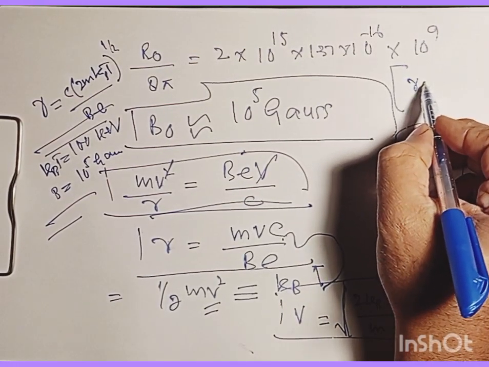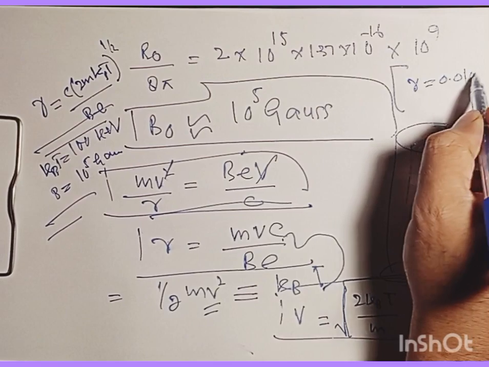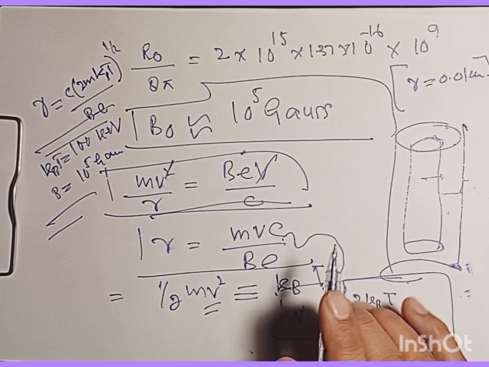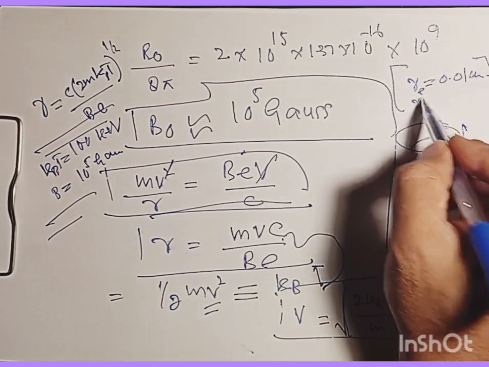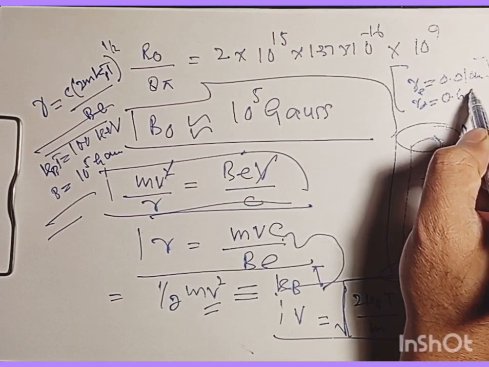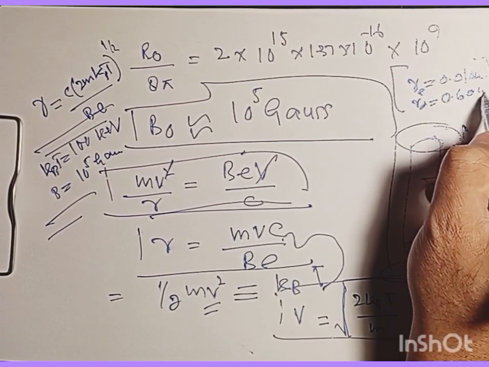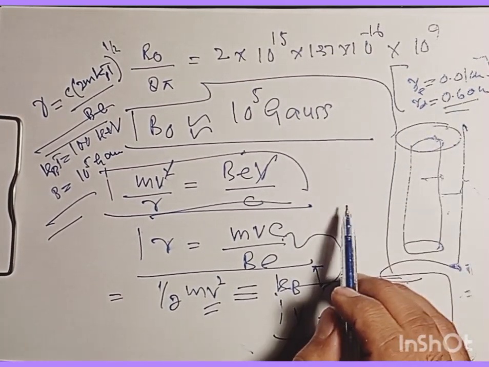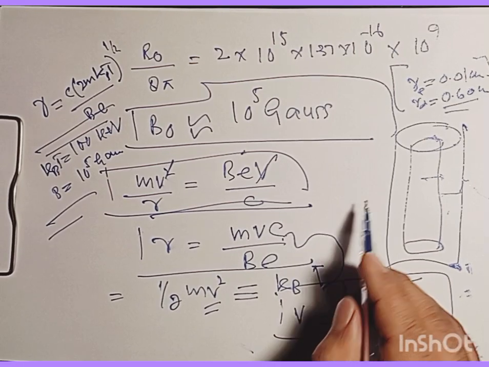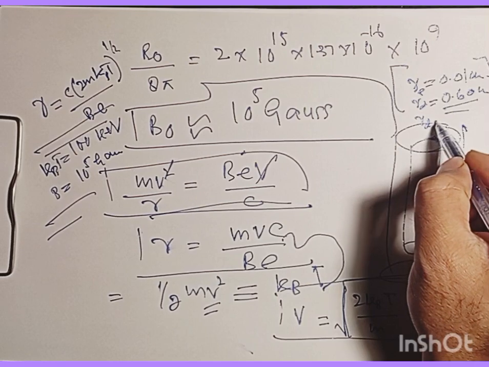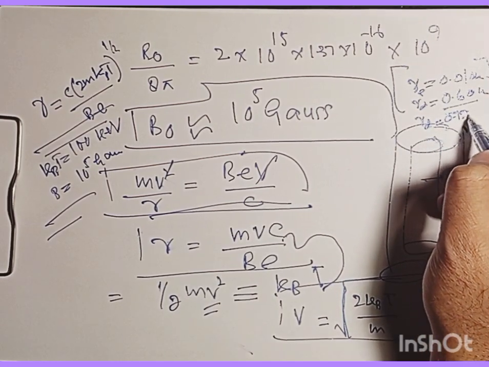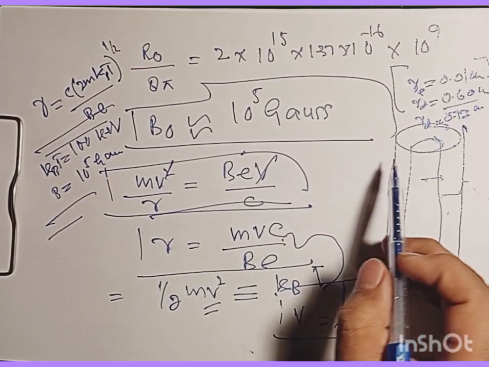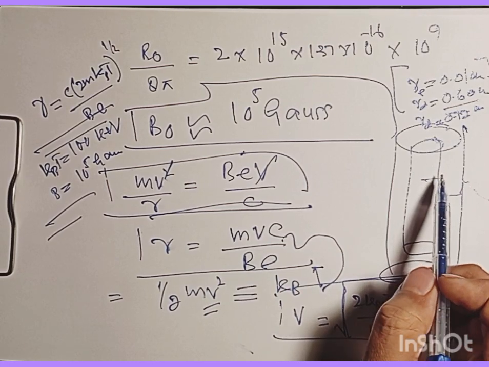The radius of gyration comes out to be 0.01 centimeter for the electron, and for the deuteron, R will come up to be 0.60 centimeters, and this radius will be 0.72 centimeters for tritium.